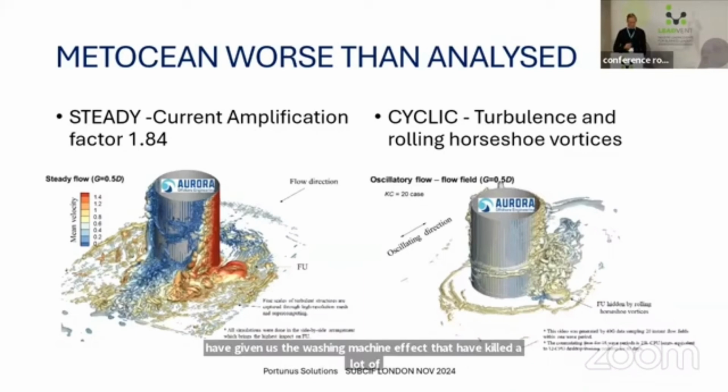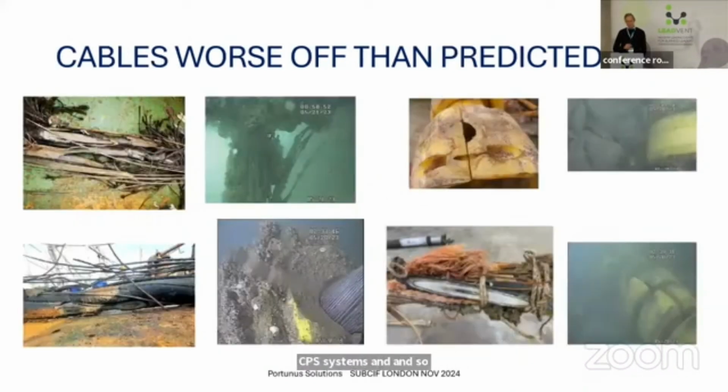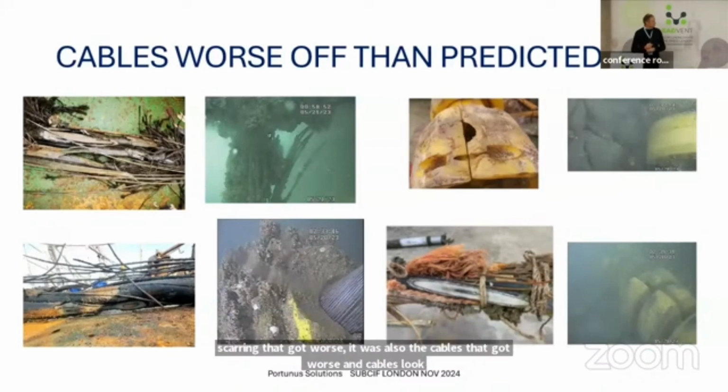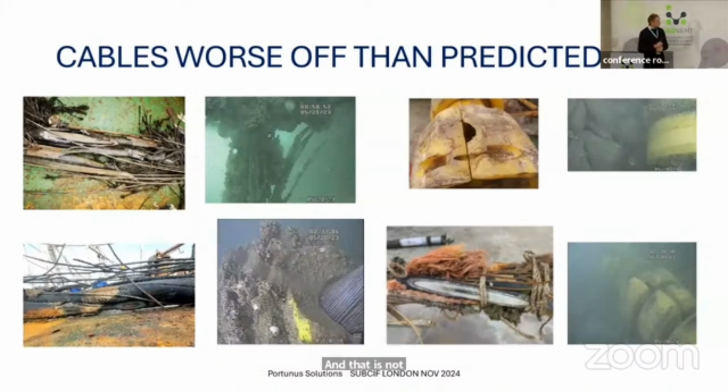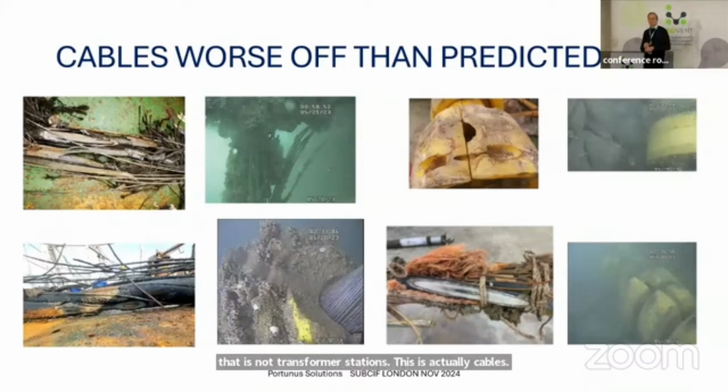And so it was not just the scouring that got worse, it was also the cables that got worse. And cables look quite bad when they've been in such conditions. You can see that here. And that is not transformer stations. This is actually cables and CPS systems here in a rather sorry state.